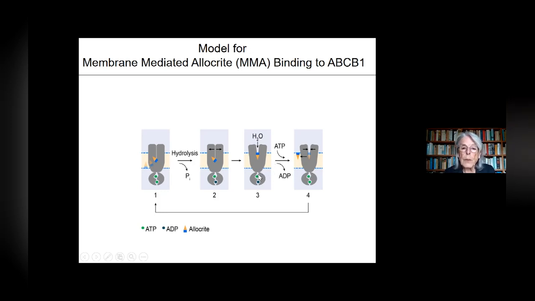Then we have, this is ADP, ATP, these two states here. Then we have ATP rebinding. The molecule closes, and if there is something left, it's squeezed out into the lipid phase.